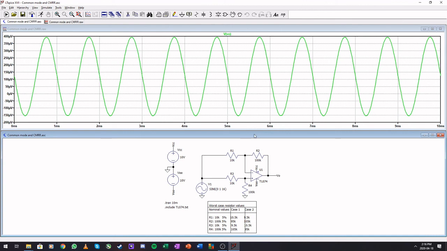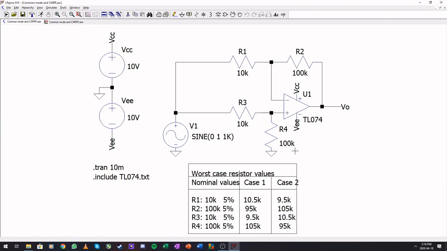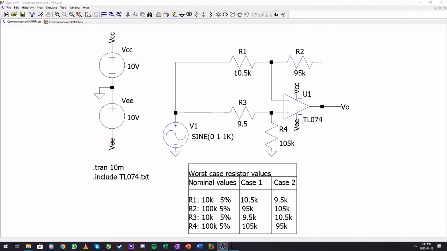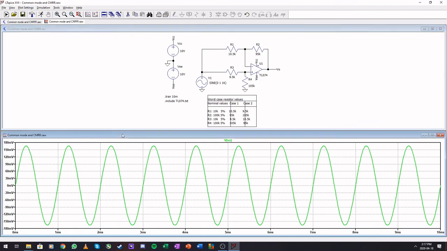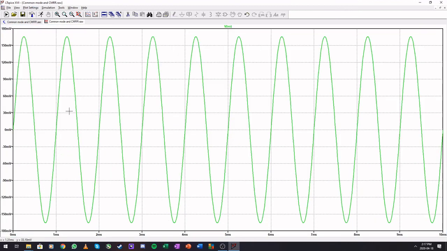Okay, so let's change the resistors in here to match these quickly. So I changed the resistors quickly. I missed a K here. I changed the resistors quickly and let's run the simulation. And like we calculated it, it was about what, 166.